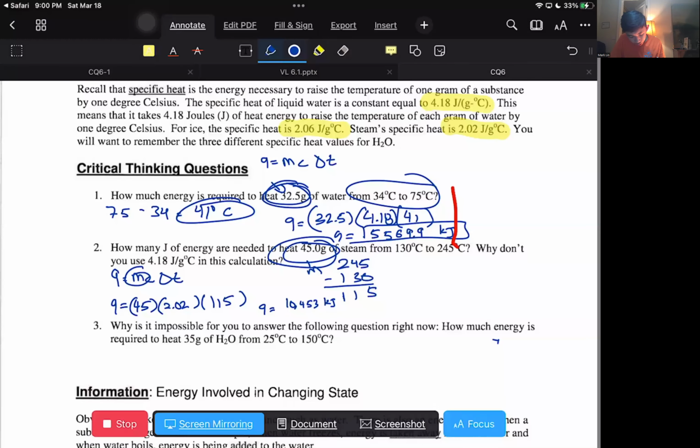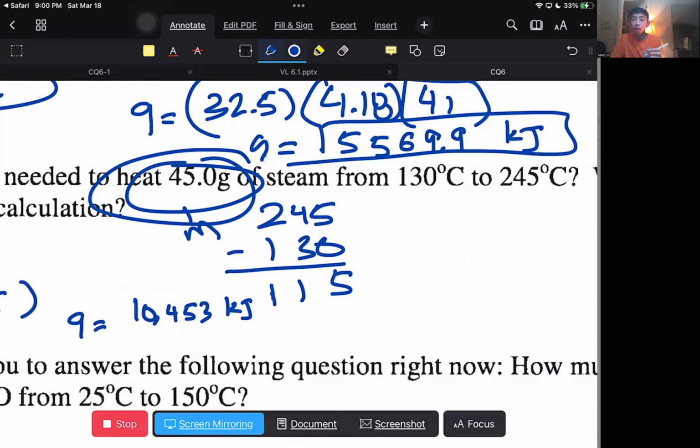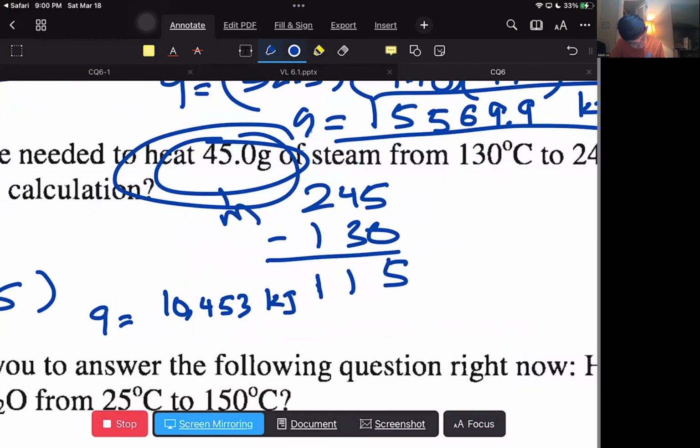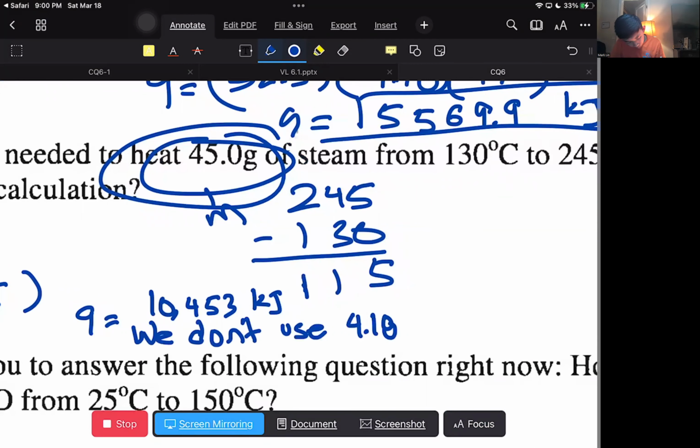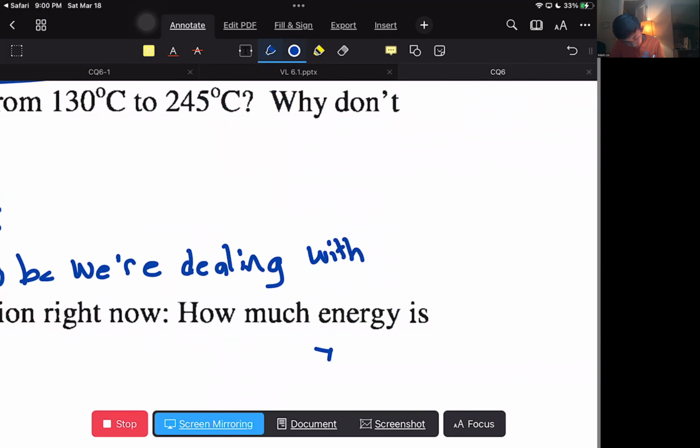So we don't use 4.18 because we're dealing with steam. 4.18 deals with water.